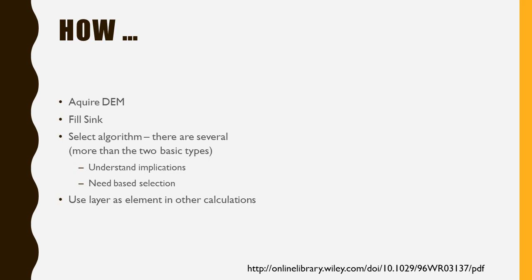In other words, maybe select the data set is really not the right way of phrasing it. You're going to create a data set. You need to select the algorithm to do that that gives you an output that you're most comfortable with, you understand, and is most useful for what you're trying to do.